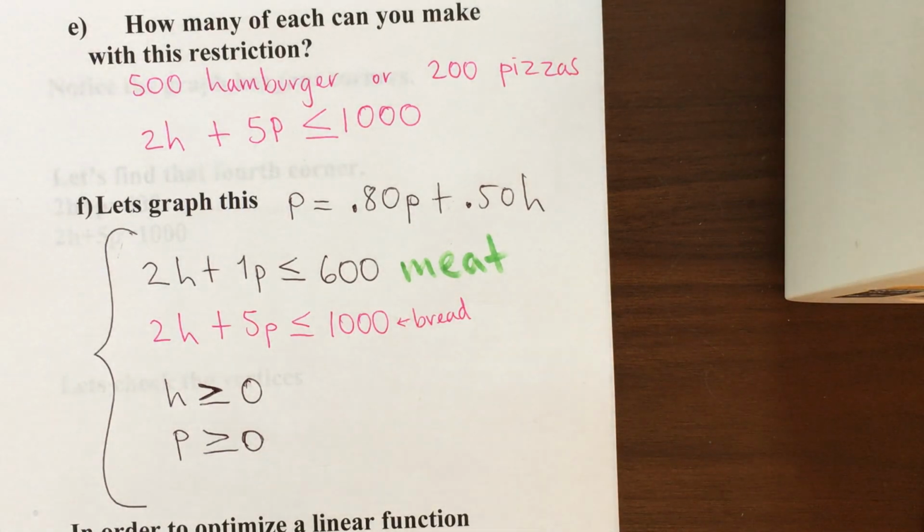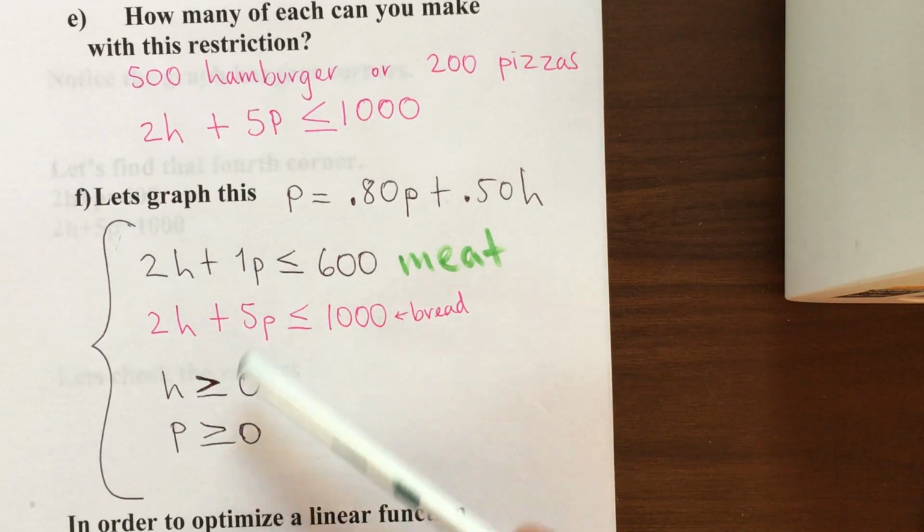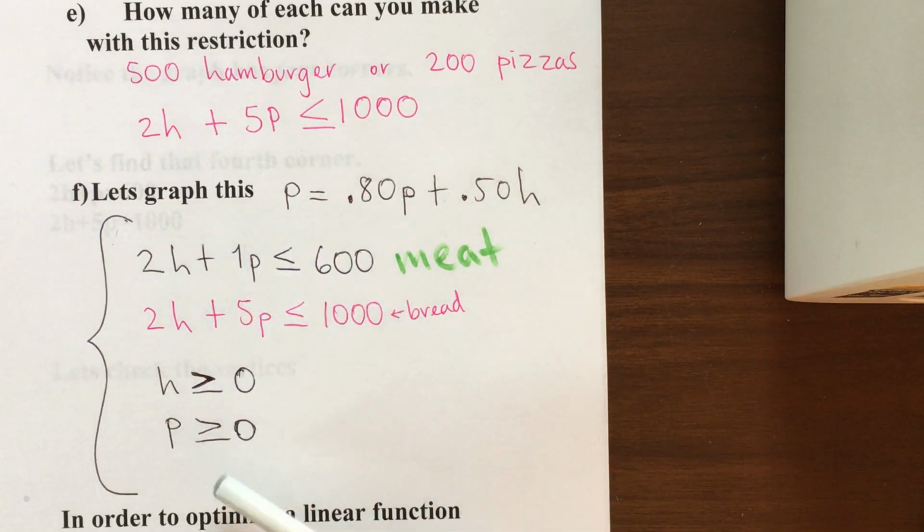Okay? And now we're ready to graph. If you notice, this looks like what you saw in the previous lesson 5.3, where you have a system of inequalities with four inequalities in it.